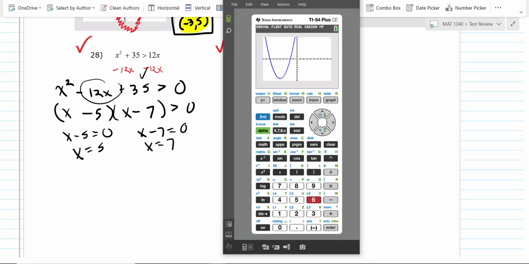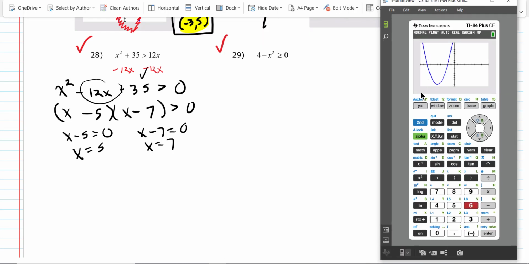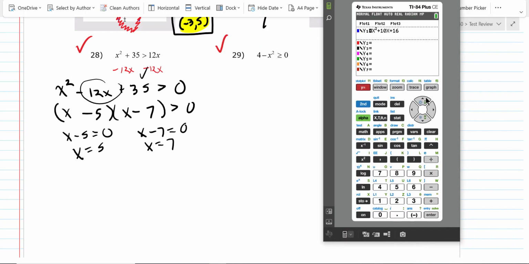Okay, now just go to your calculator. Okay, and let's kind of see what we got going on here. So don't put in the original problem, put in what we got after we set one side equal to 0, that's what you want to put in. So we're going to graph x squared minus 12x plus 35.